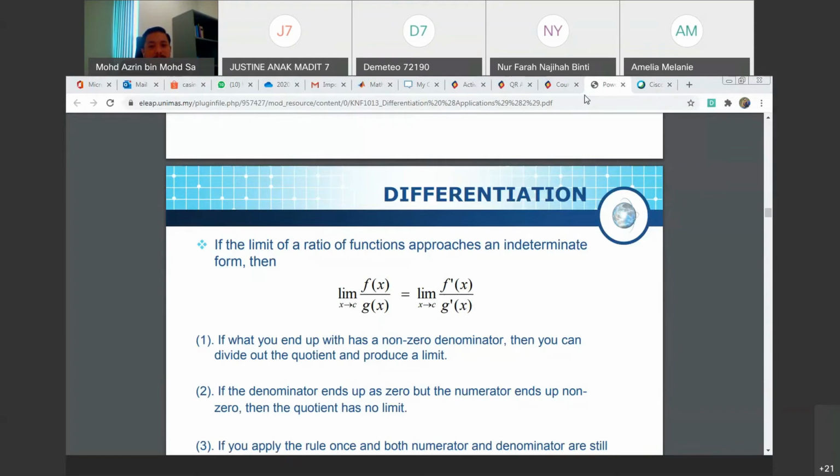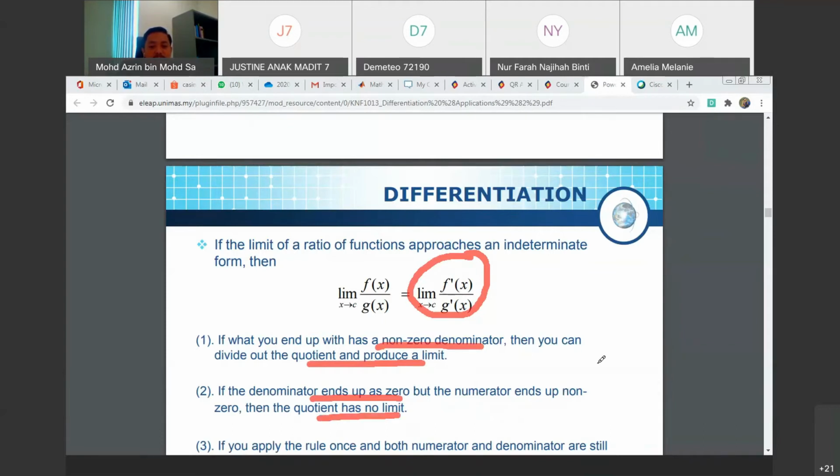Okay. If what you end up with has a non-zero denominator, then you can divide out the quotient and produce a limit. If the denominator ends up with 0, but the numerator ends up with non-zero, then the quotient has no limit.